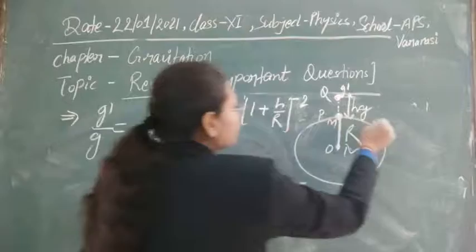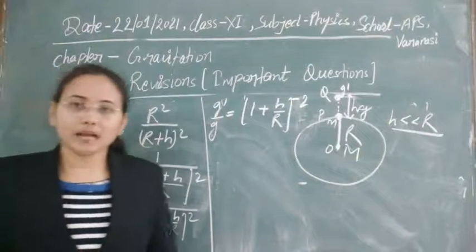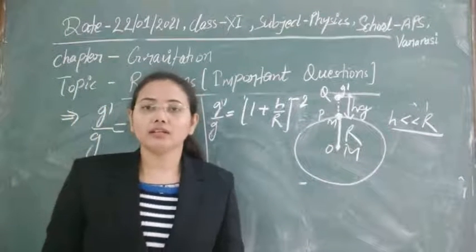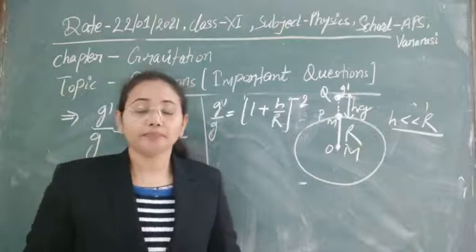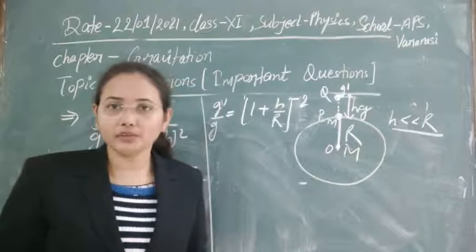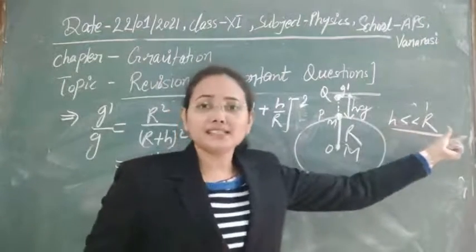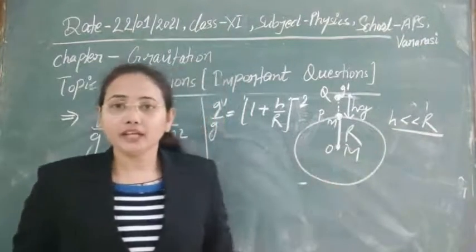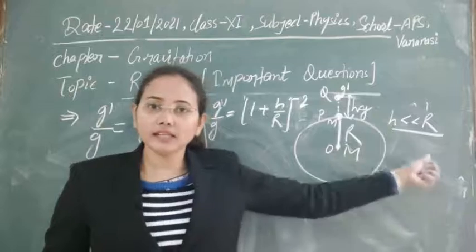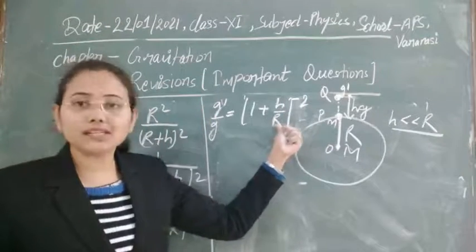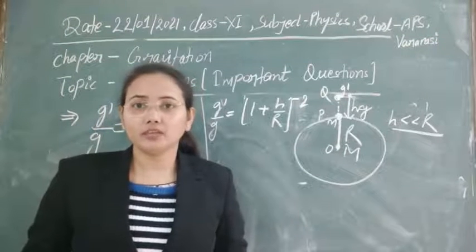Here we can see that this h is much smaller than R. Obviously the maximum height we have is the height of Mount Everest, something like 8,000 meters only, and the Earth's radius is about 6,400 kilometers. So this height is much less than the radius of the Earth, and at that time we can use first order binomial expansion. Students, you can use first order binomial expansion only under this condition: whenever this quantity is much less than that quantity. Try to remember that factor in your mind also.